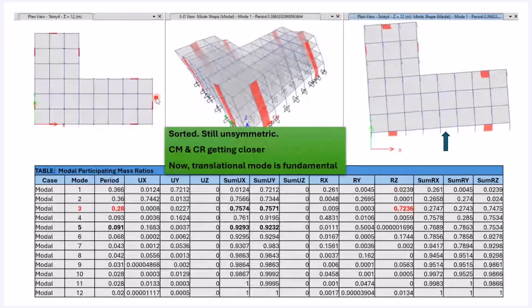Here this is having 0.28 divided by 0.36, which is about 0.77 is the ratio. That means it is more than 20%. So this coupling cannot be avoided, but this can be managed in a few more iterations.